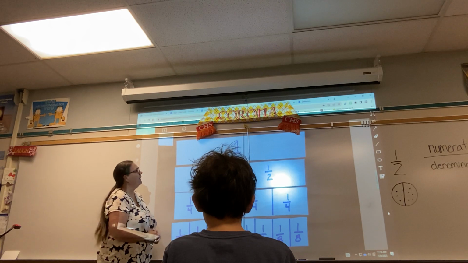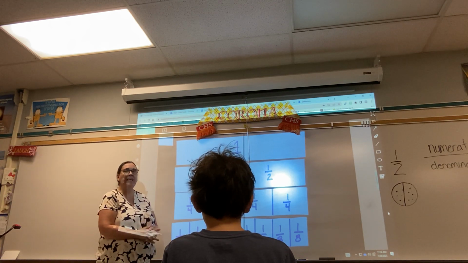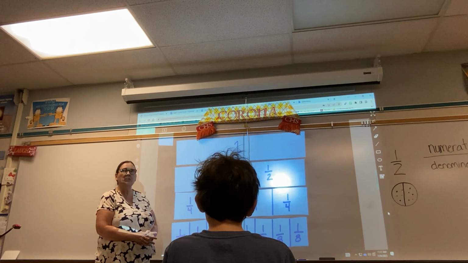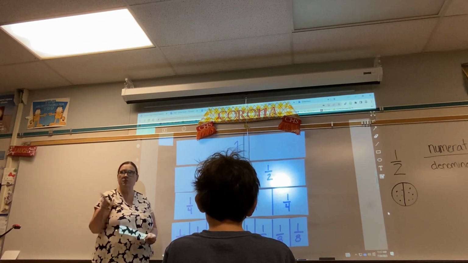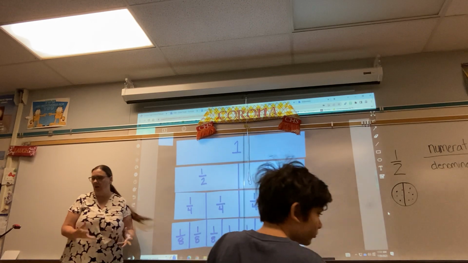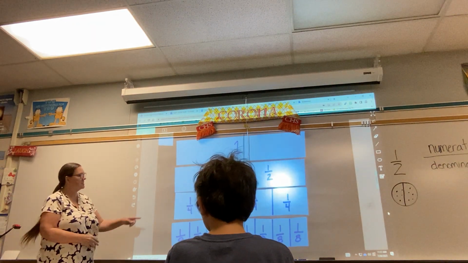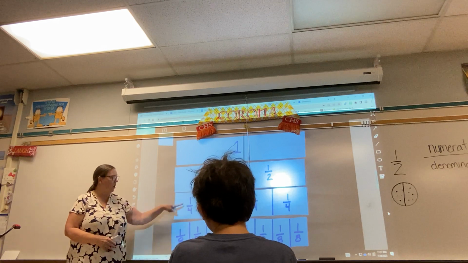So the larger the denominator gets, is the fraction larger or smaller? Julie? Smaller. The larger the denominator, the smaller the fraction, as long as the numerators are the same.